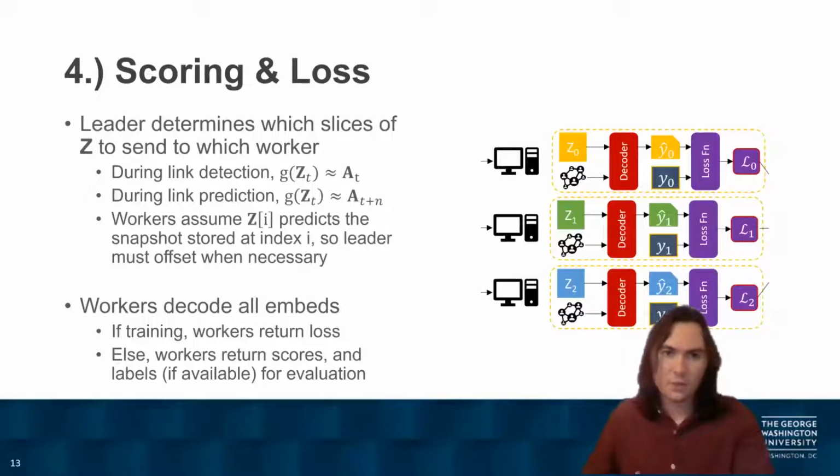Finally, we either score or calculate loss, depending on if we're training or evaluating. If we're scoring, the leader will determine which embeddings need to go to which worker for them to properly do link prediction or link detection.